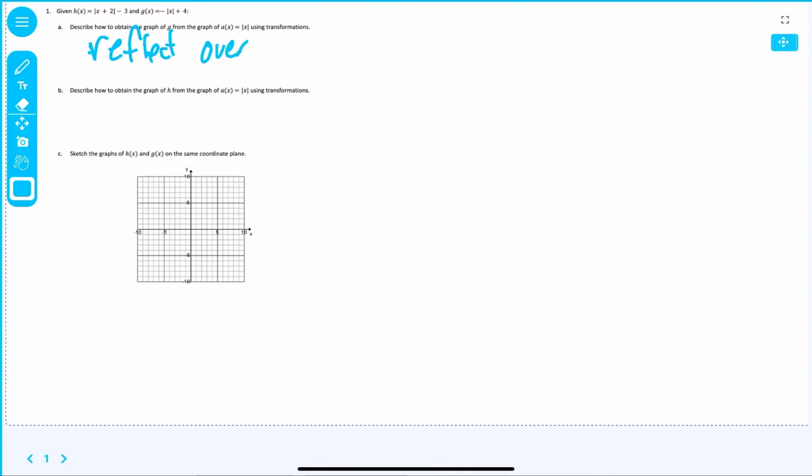Reflect over x and up 4 units. All right, describe how to obtain the graph of h from the parent graph.